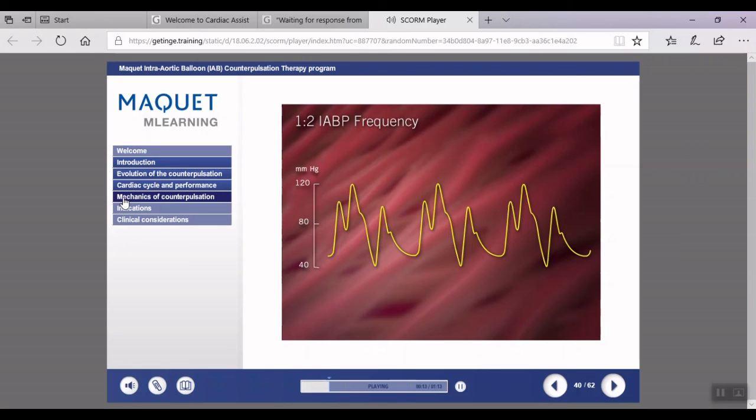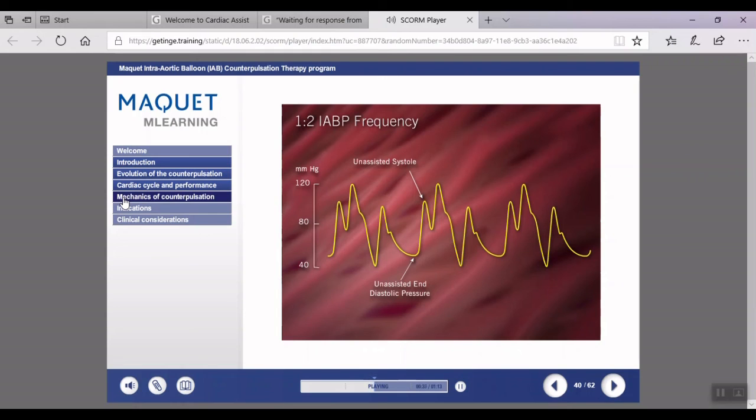For instance, at the 1 to 2 frequency, if there is a normal dicrotic notch present and the diastolic pressure decreases, there is no benefit from balloon inflation, and therefore no diastolic augmentation. The next end diastolic pressure is unassisted, and the next systole is unassisted.